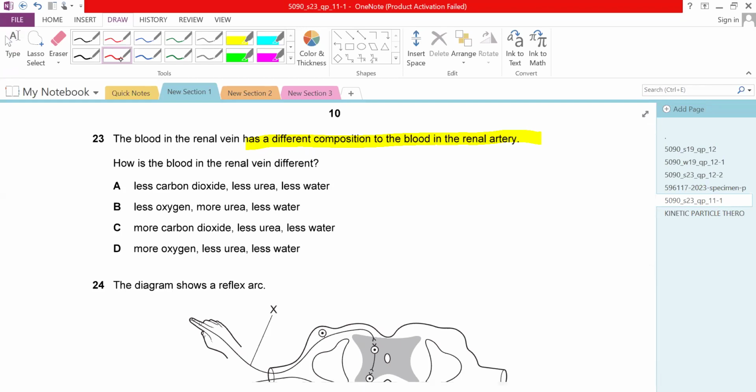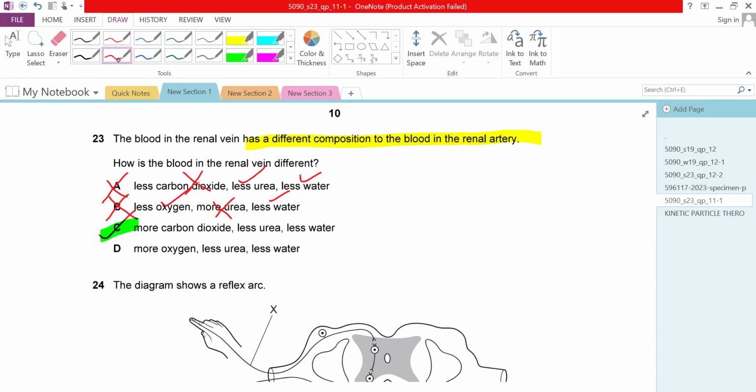Less carbon dioxide, less urea, less water. Less urea and less water are correct, but less carbon dioxide is incorrect, so option A is incorrect. Less oxygen, yes. More urea, less water. More urea is incorrect, so this is also incorrect because one part is incorrect. Then more carbon dioxide, less urea, less water. Yes, this is correct. So option C is correct for question number 23.